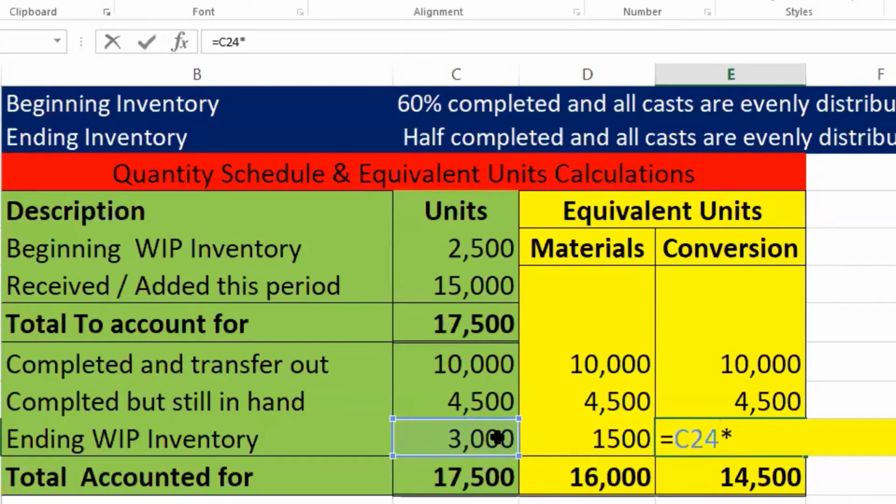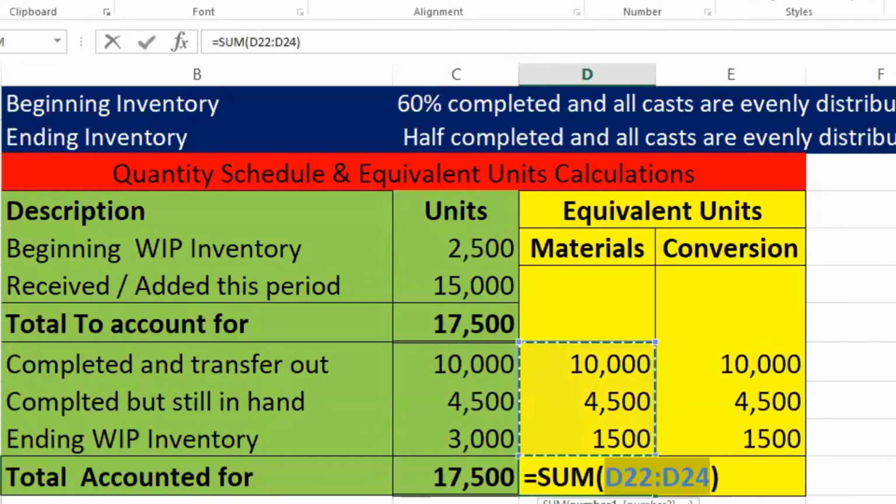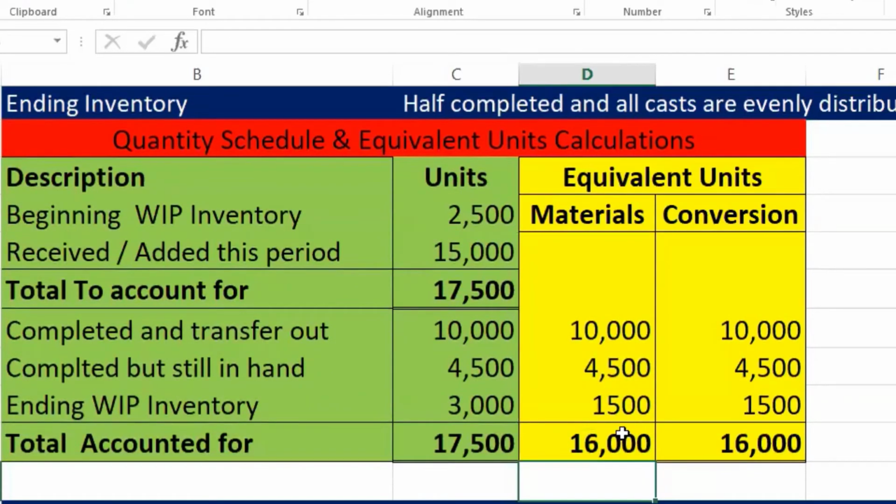This multiplied by 1 over 2 is equal to 1,500. When we sum up all these figures, we will get equivalent units of materials, and when we sum up all these figures, we will get equivalent units of conversion.